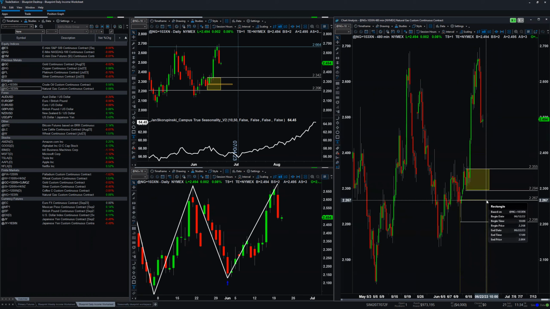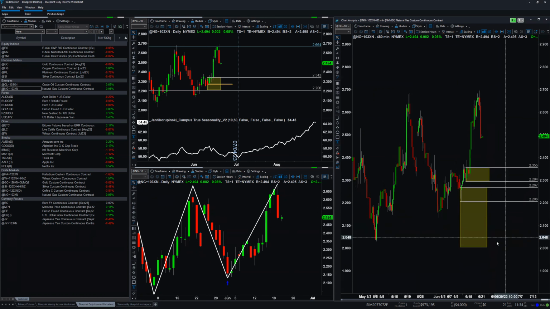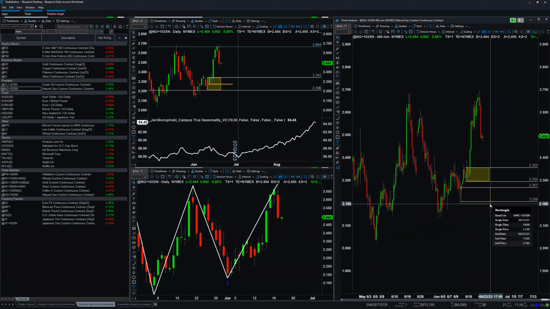Because if price is going to come down, very likely it's going to fill that gap, right? It's not going to make its way down all that way just to stop right in front of the gap fill. Very, very unlikely. At that point, it would probably fill that gap and then continue to move higher.